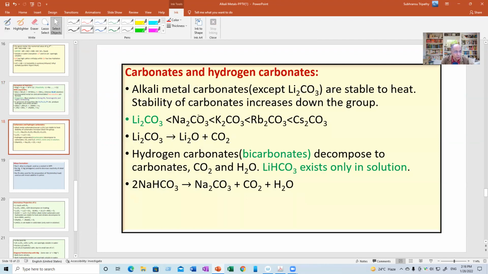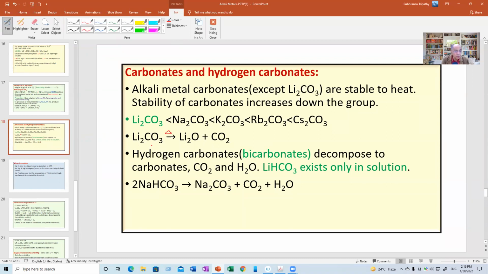Now coming to carbonates and bicarbonates. The carbonates are all stable because the size is so matching that they don't have any interest to break down the friendship. You don't get anything when you heat this, but for lithium, there is a size mismatch. So it is very susceptible to thermal decomposition. I have now given this sign, the delta sign, giving you heat.